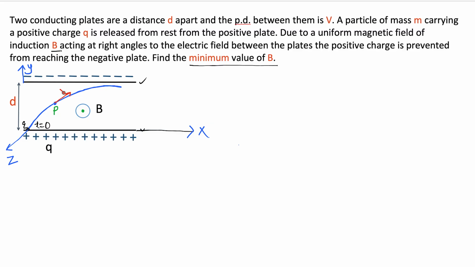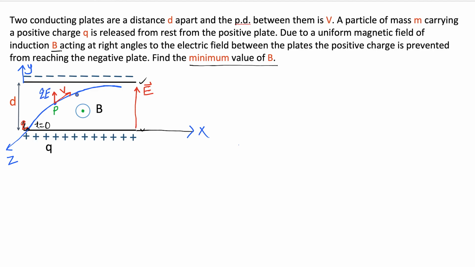So the first question is, why would there be a velocity for this particle? Since the plates are positively and negatively charged, there is an electric force in the positive y direction. E is acting in the y direction, and because there is a positive charge q here, there will be a force always acting in this direction, which is qE.